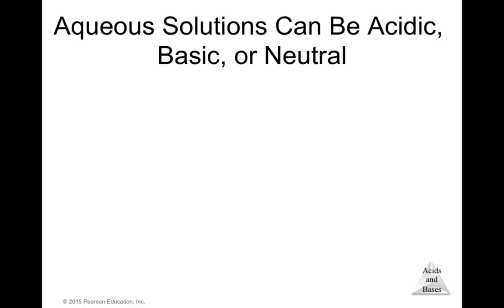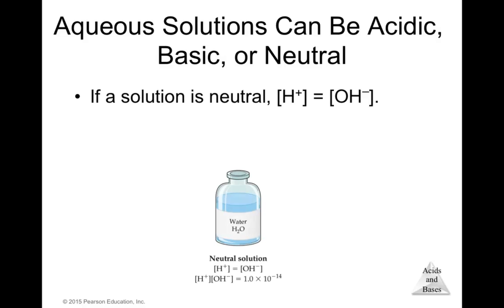Aqueous solutions can be acidic, basic, or neutral. If a solution is neutral, the concentrations of H positive and OH are equal, because they cancel each other, and neither species is larger than the other. So a neutral solution will have both concentrations equal.